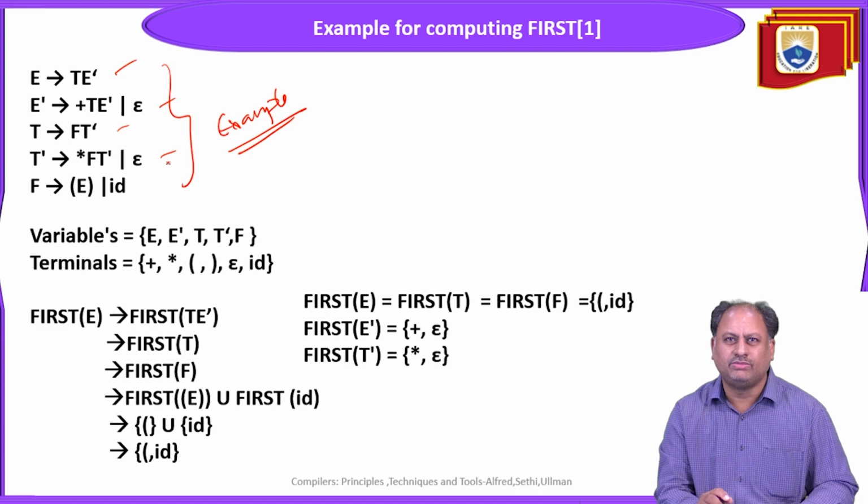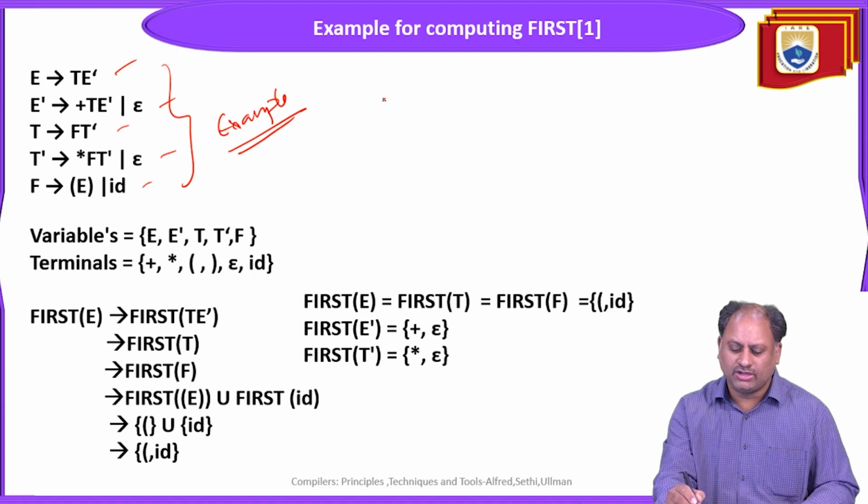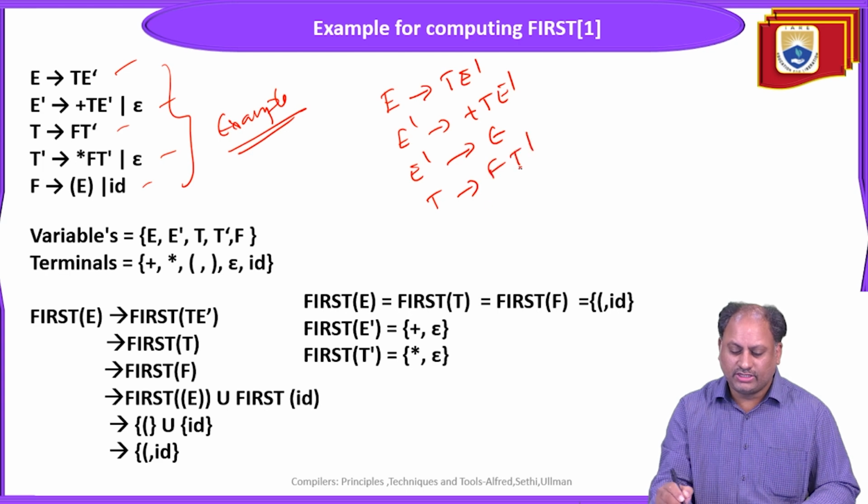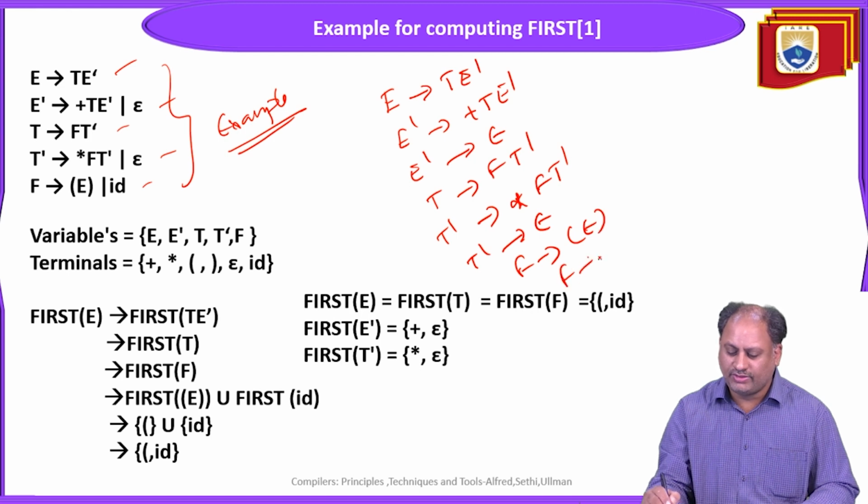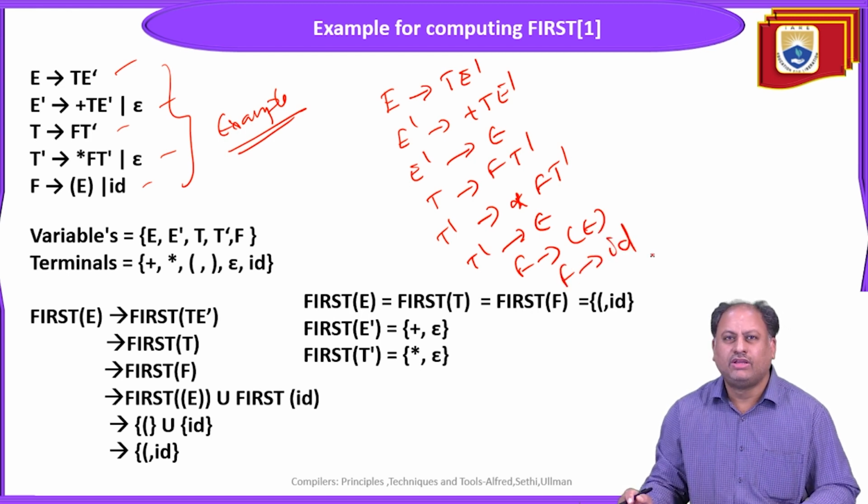Star F T dash is one production, epsilon is another, and F derives parenthesis E, or id. So these are the given set of rules for the grammar.